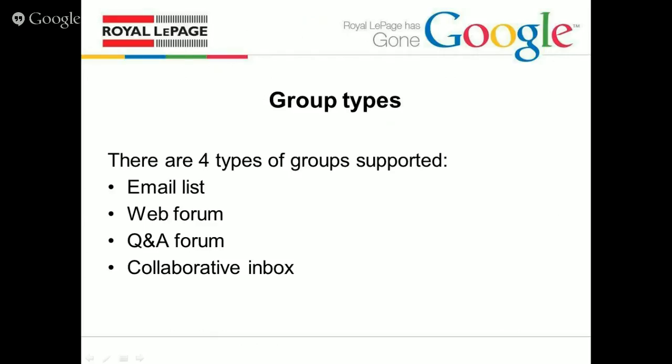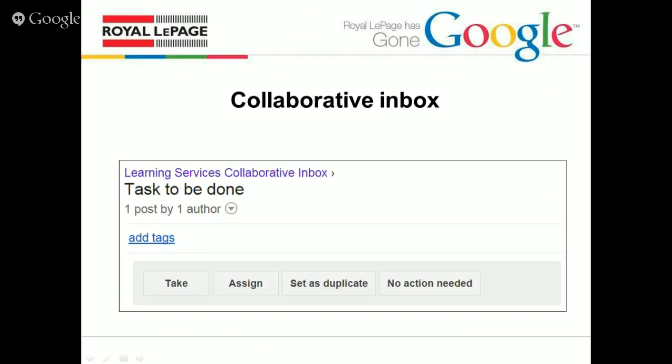Collaborative inbox is for sharing tasks and assigning tasks to various people. So again, if this was perhaps a front desk account or an office account, it's a way of assigning the tasks and the messages that come into that inbox to different people.